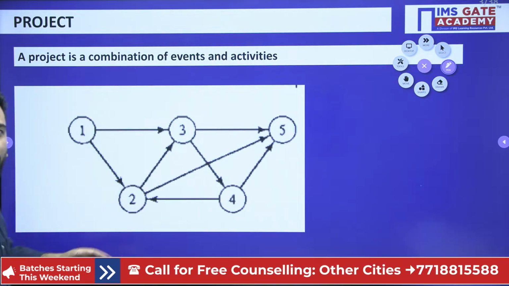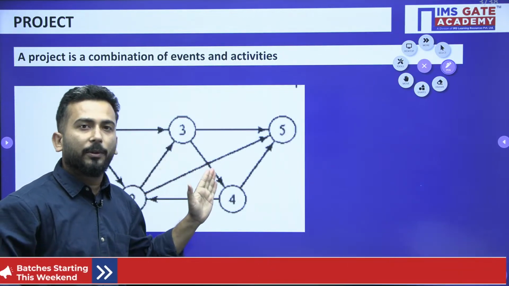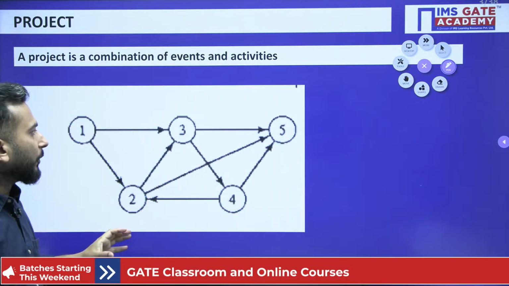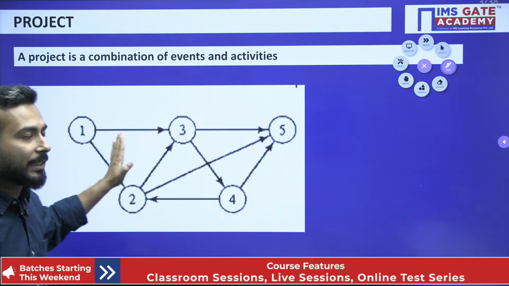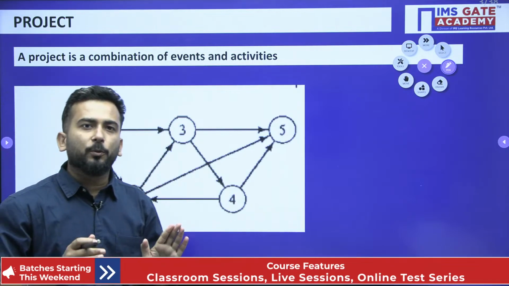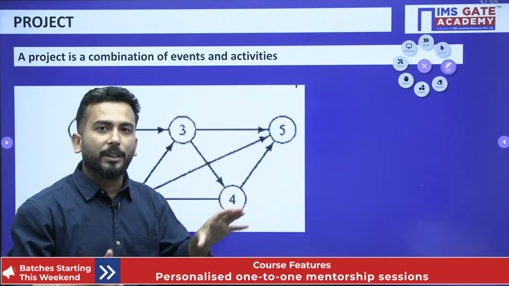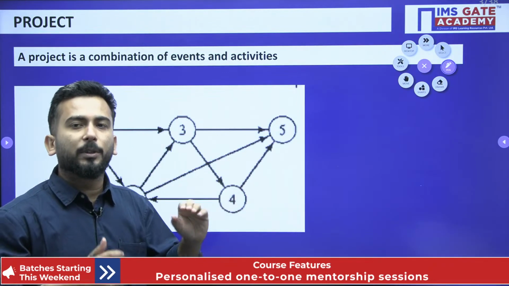So my dear friends, you can clearly see that there is a project in front of you, and here are so many activities, here are so many nodes, and we have drawn that. Now you must be wondering, sir, what is our purpose over here? Yes, I have understood what is the project, event and activity, but what is our purpose?